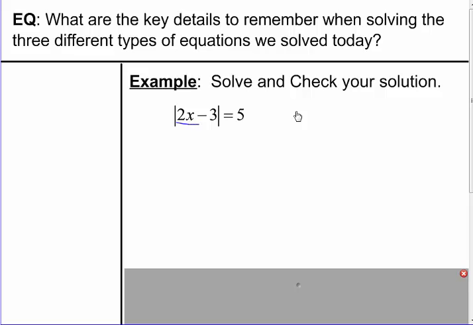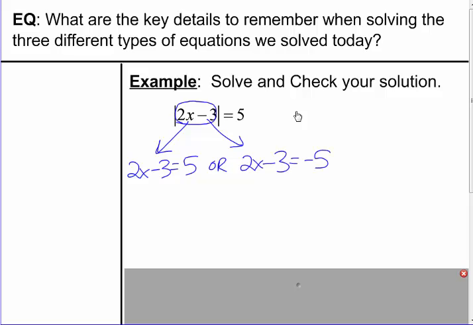So you take the stuff that's inside the absolute value, take it out. That's the part that is either equal to a positive 5 or that part is equal to a negative 5. So you have to set up your 2 equations, because we have a positive case and a negative case.